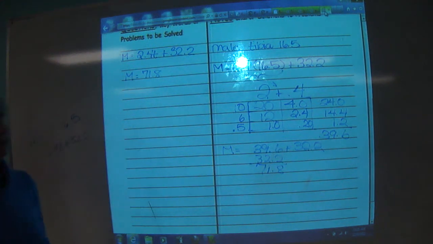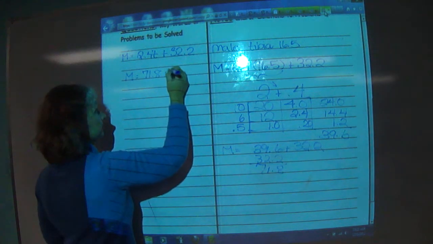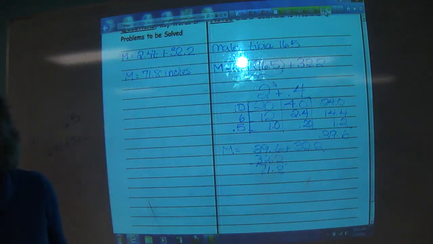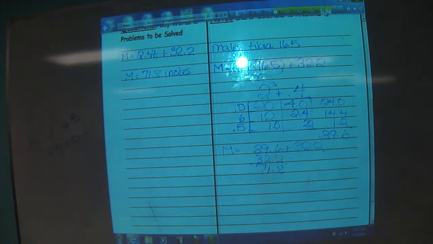Was it inches or feet? It's inches. If it was feet, he'd be like a giant. How many inches is 5 feet? 60. So he's 6'1", almost 6'2". That guy's really tall. He's tall. Yeah.